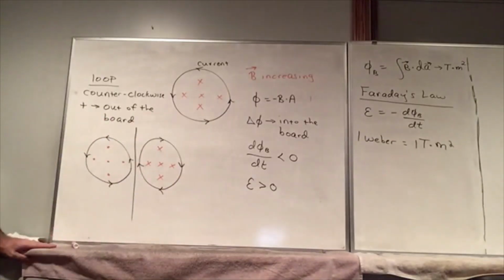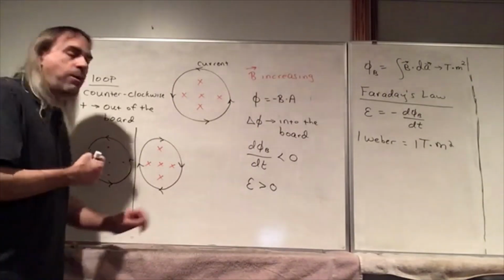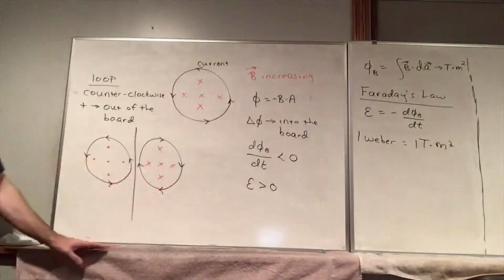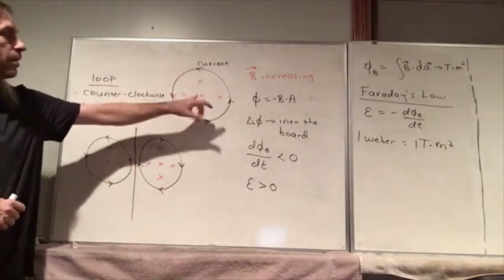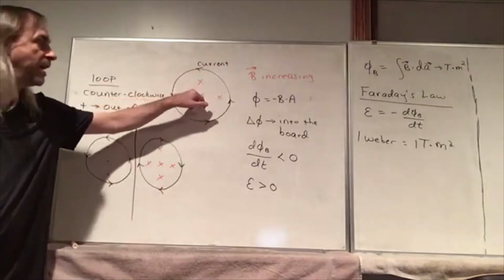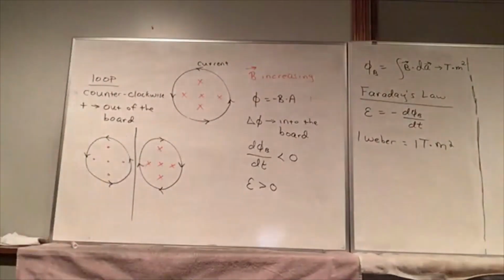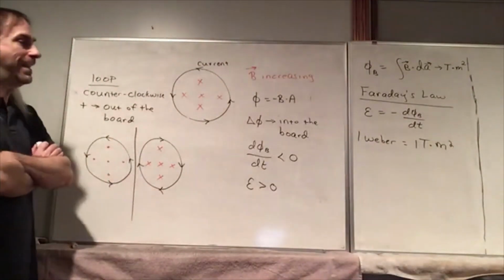Okay, so Lenz's law. Lenz was the guy who came up with this, and what he said is that this induced current will create its own magnetic flux in the region of this loop. So remember, we have a flux here due to this external magnetic field, but once we create a current, that current is going to create its own flux.